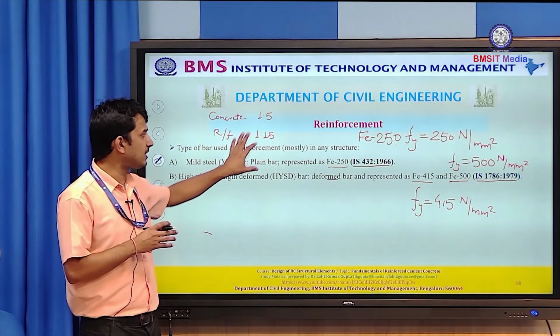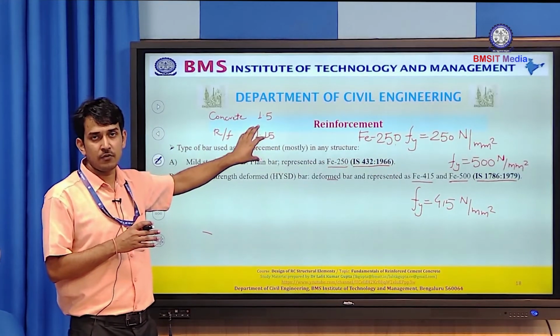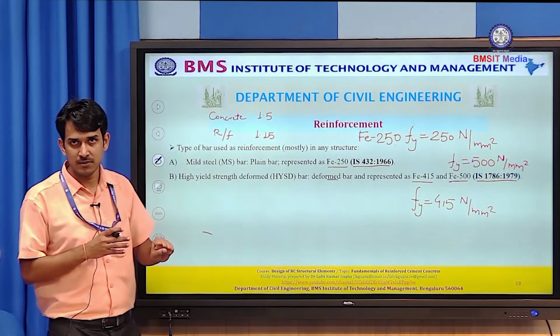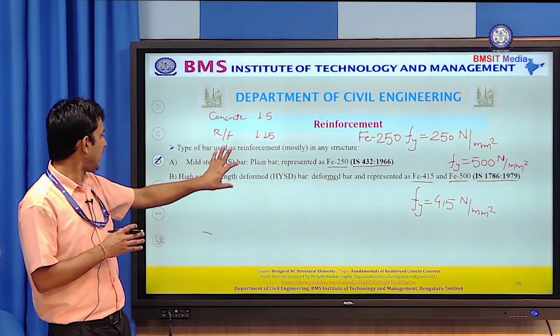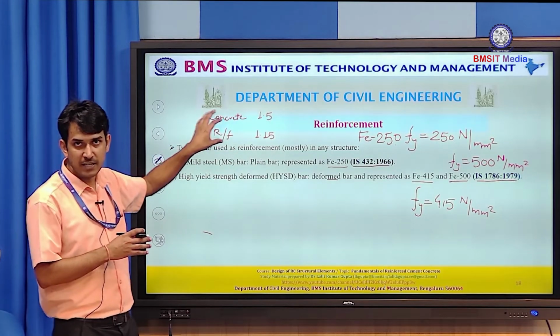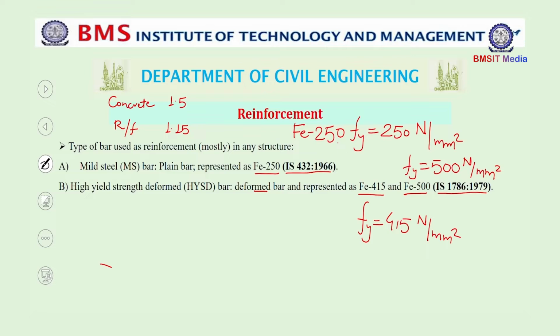That is why we take a lower partial safety factor for reinforcement as compared to concrete in the limit state method.